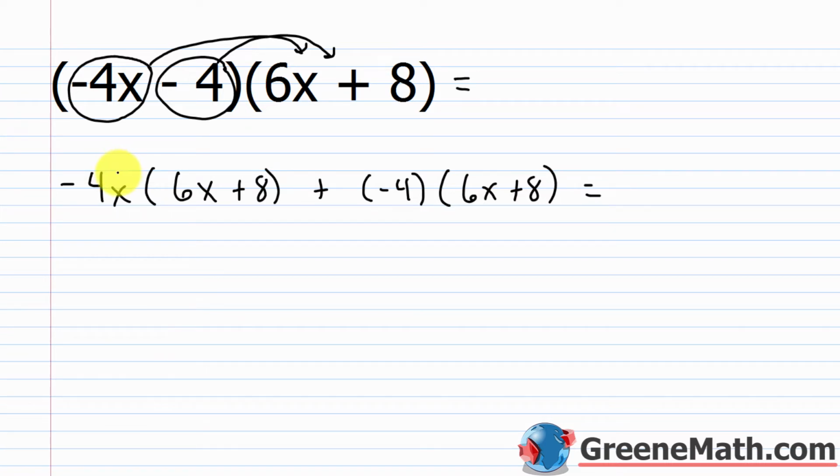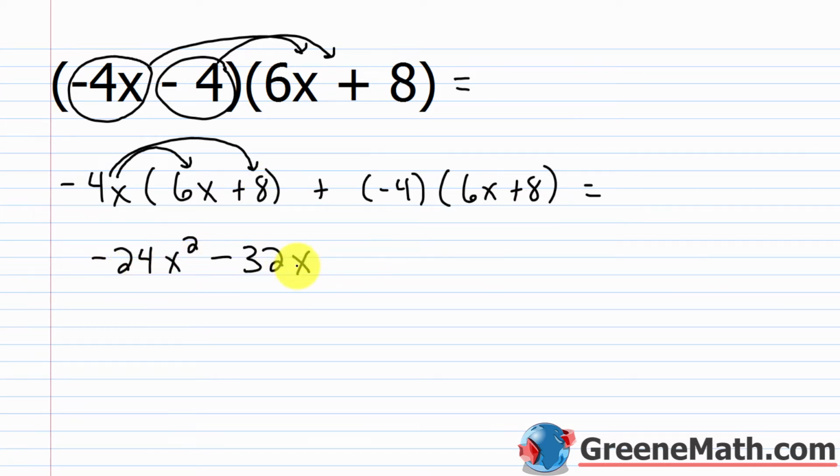So for the first one, I would do negative 4x times 6x. So I'd have negative 4 times 6, that's negative 24. And then x times x is x squared. Then I'd have negative 4x times 8. So I know negative times positive is negative, so I'm going to put a minus there. 4 times 8 is 32. And then x will come along for the ride. So the result from this is negative 24x squared minus 32x.